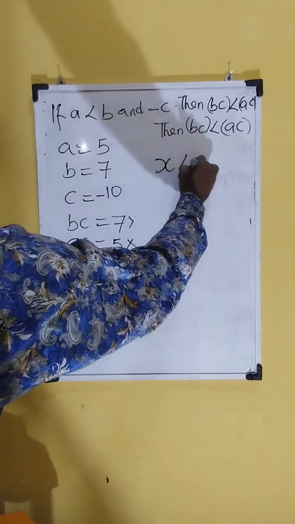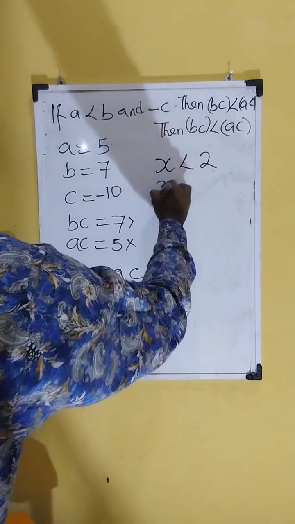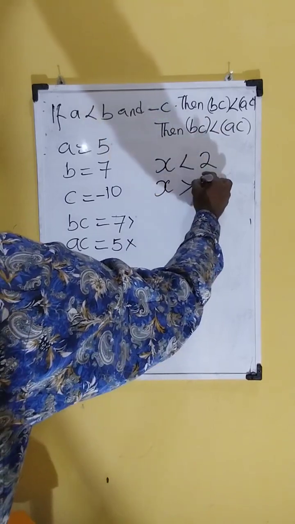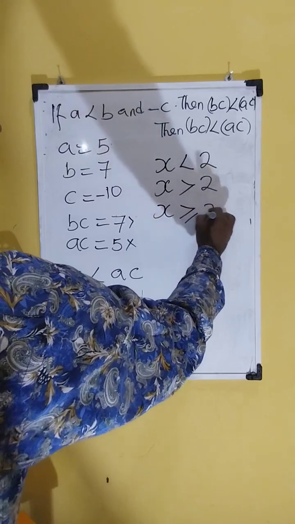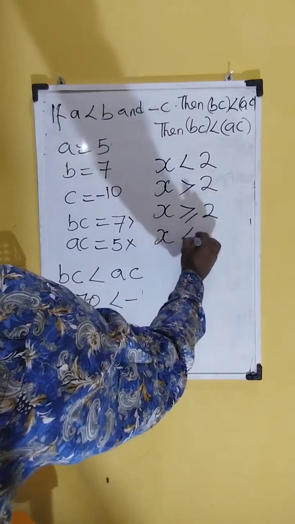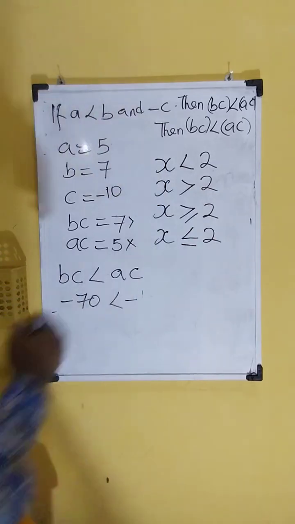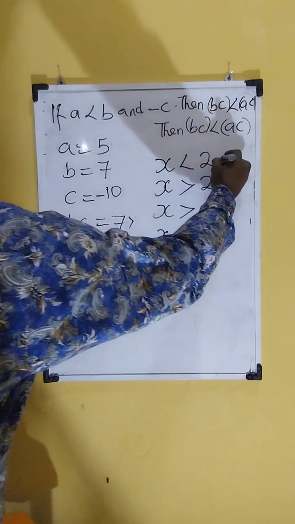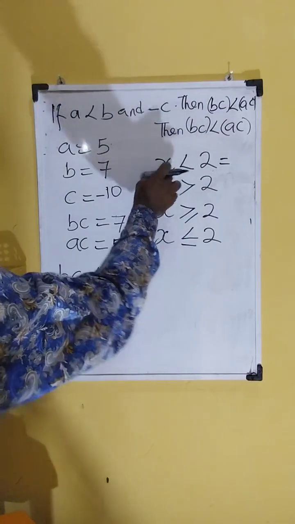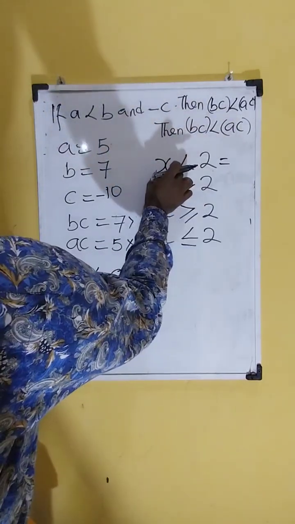If x is greater than 2, x is greater than or equal to 2, x is less than or equal to 2. This all means, like we said initially, the number x is of a lower value.